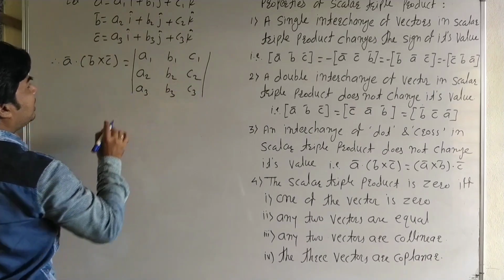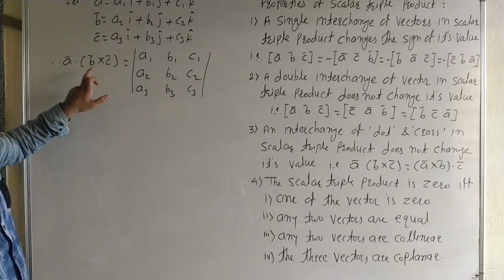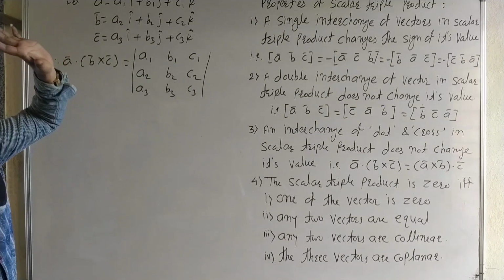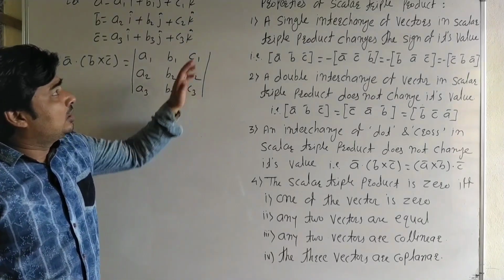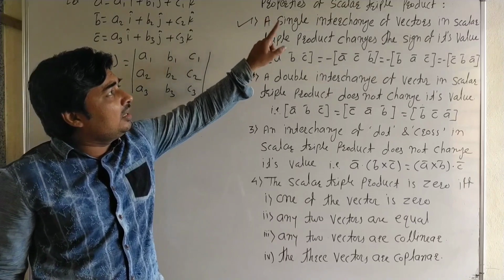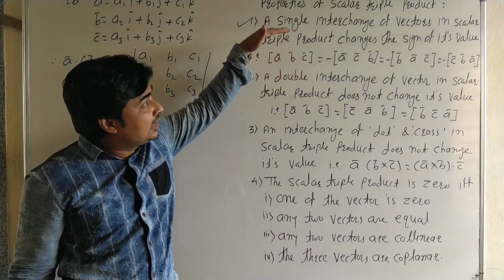Here it is a scalar triple product, A bar dot B bar cross C bar, or in box product form, A B C.